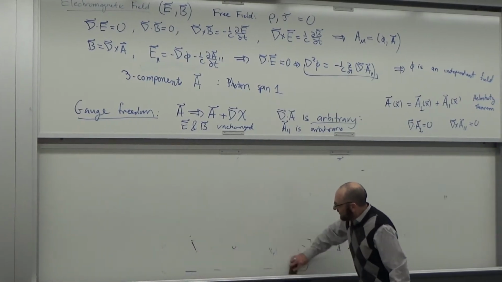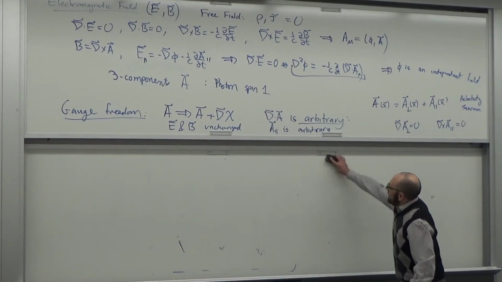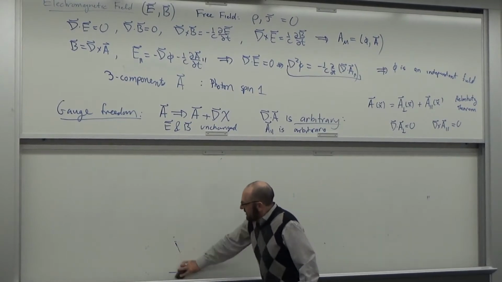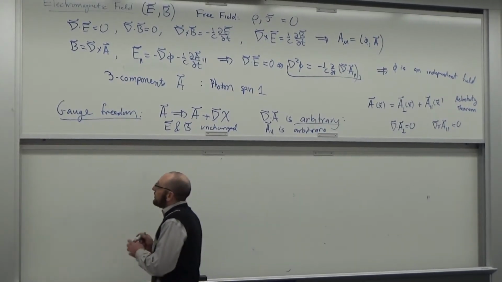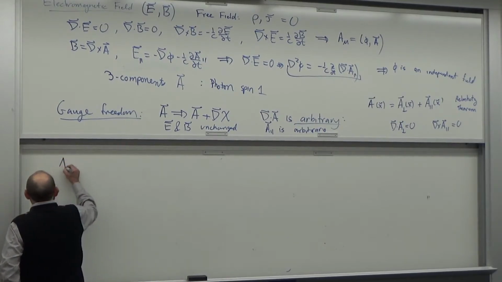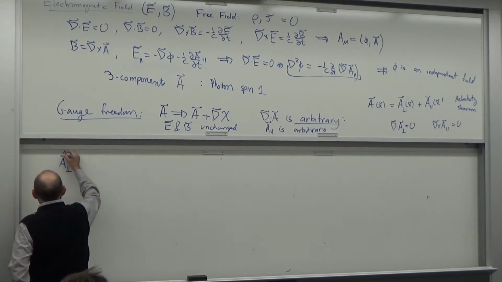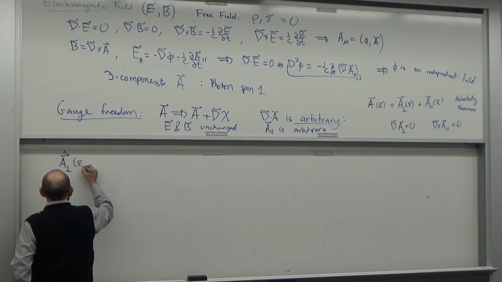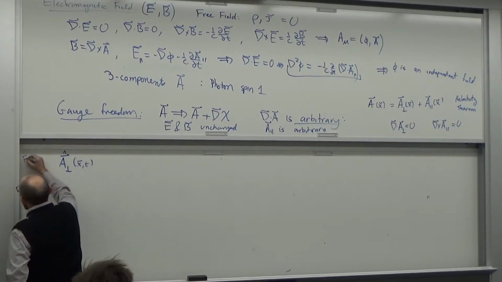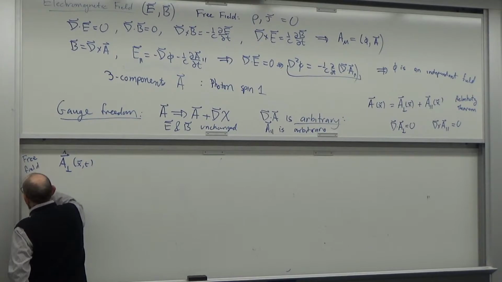All right, so let's see. Let's write down now the vector potential. I'm now quantizing it. It has a hat on it. This is the free field potential.